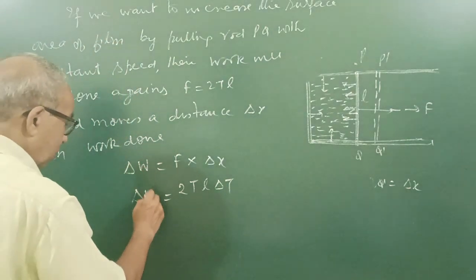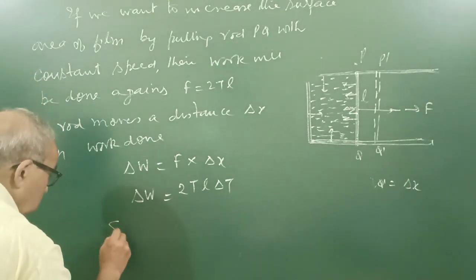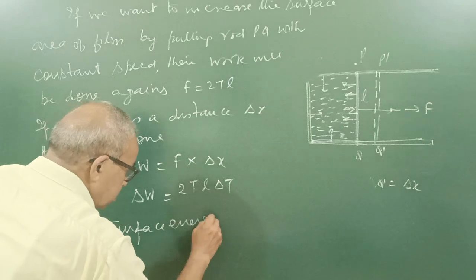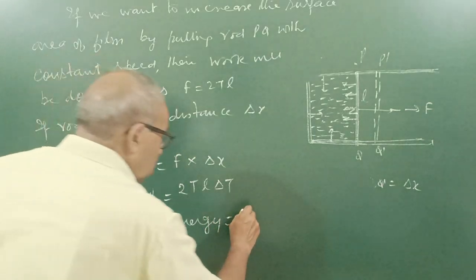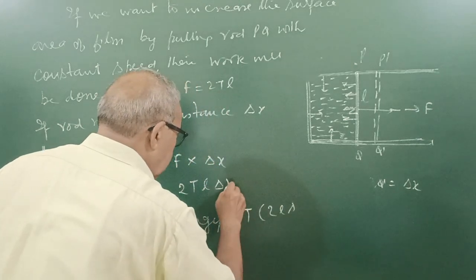This work done appears in the form of surface energy. So surface energy equals T into 2L delta x, and this is the increase in area.